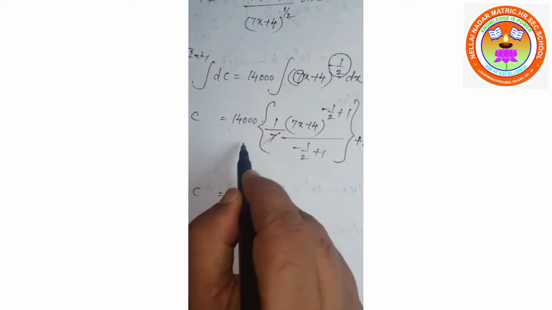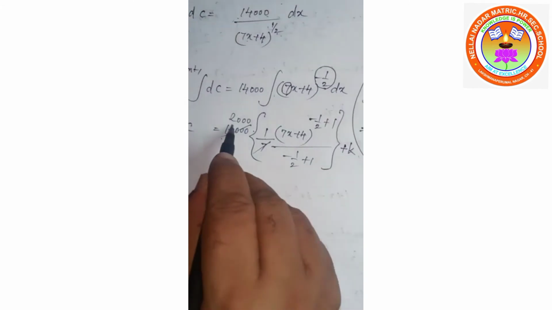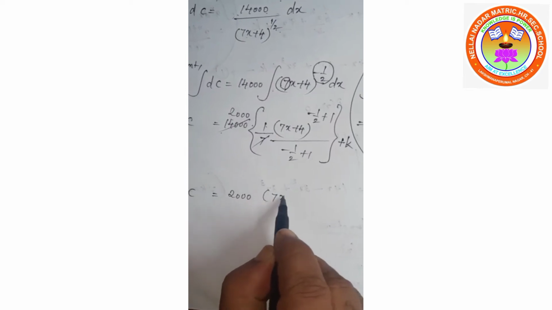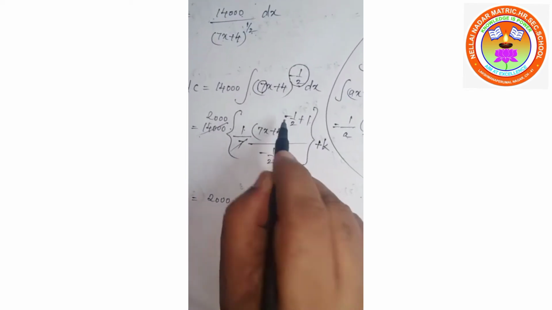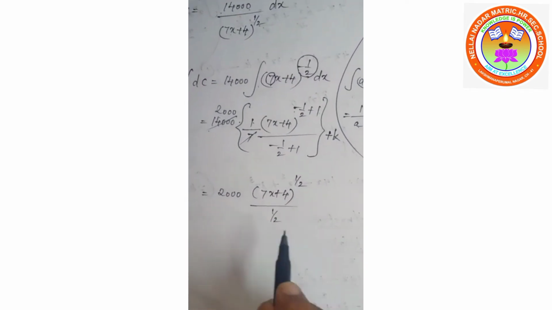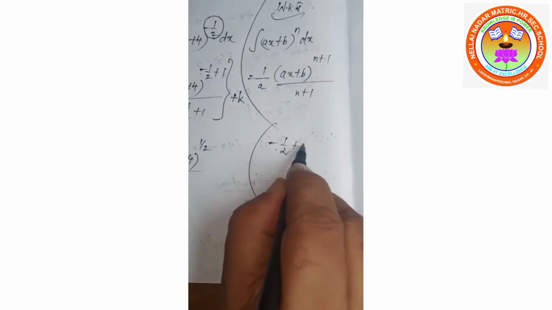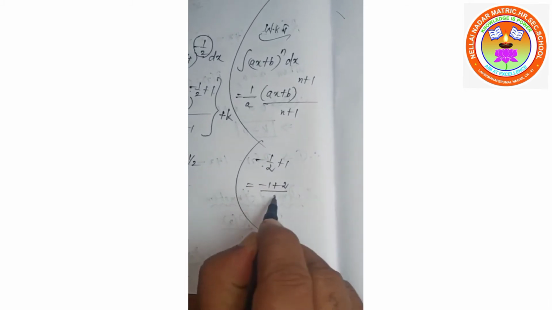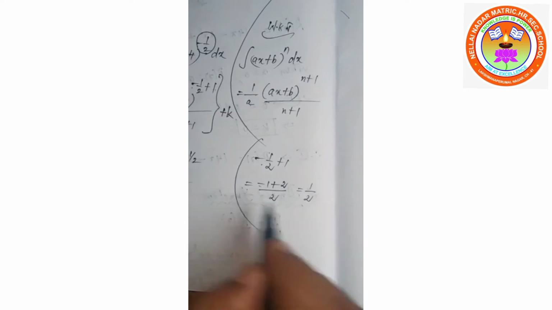It can be divided by 7 table. How many times? 2,000 times. 2,000 into 1 is 2,000 into (7x plus 4) power 1 minus half, that is plus half, divided by plus half. I do the calculation here. Minus half plus 1 equals minus 1 plus 2 divided by 2, that is 1 by 2, plus k.